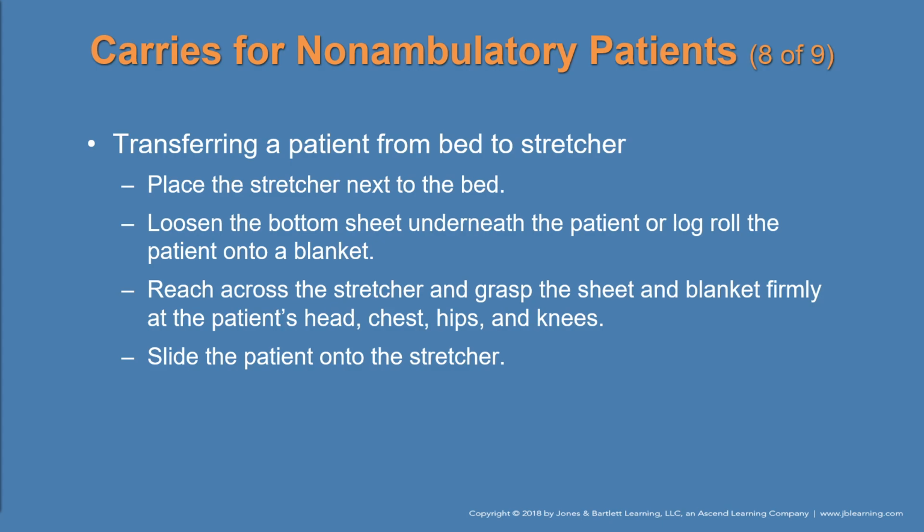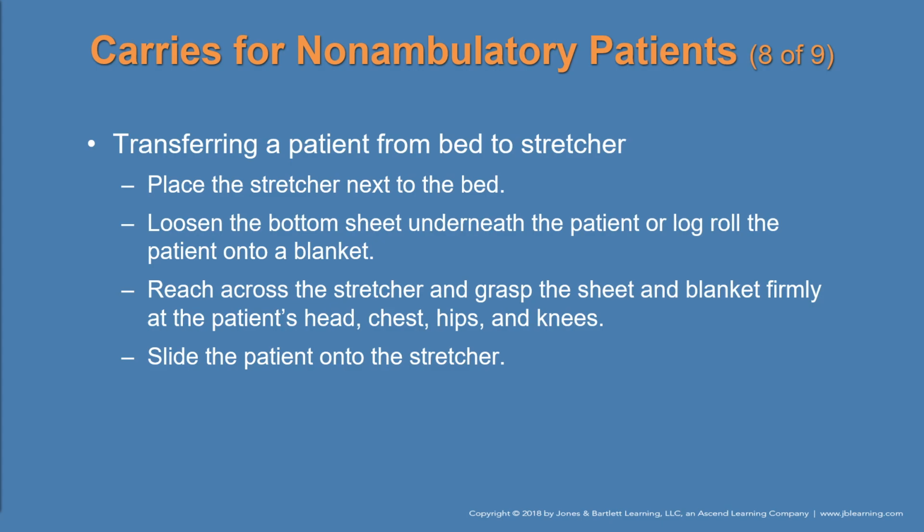Once you get them onto the stretcher, you have to move them to the bed, and likewise, if you're ever called to do an interfacility transport, you need to move them from the bed to the stretcher. The same with calls to nursing homes and things like that. And so in both cases, you want to place the stretcher as close to the bed as possible. Make sure the railings are down on both beds.